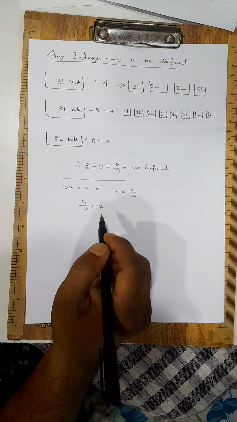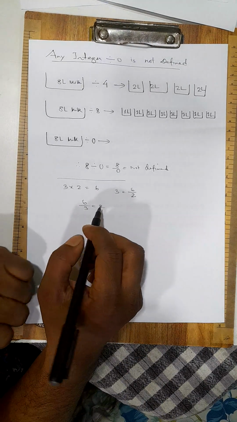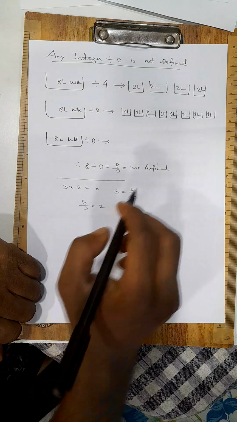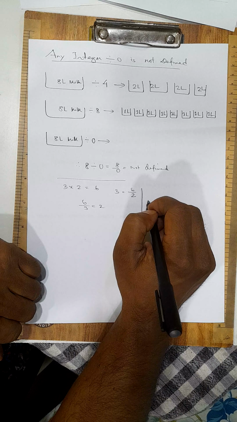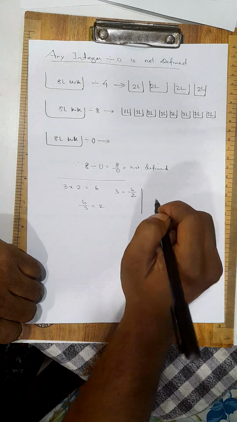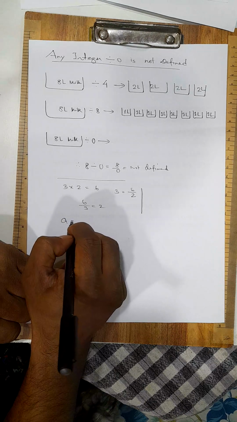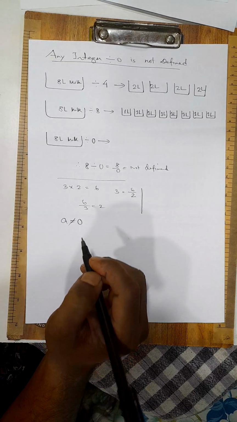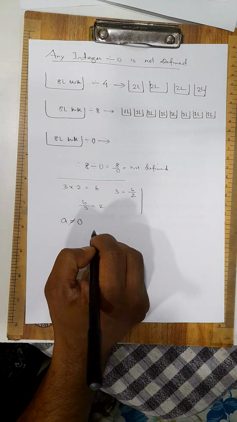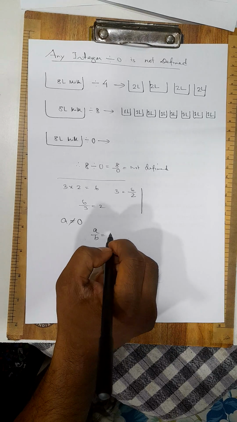That means against every multiplication there is a corresponding division. For every division there exists a corresponding multiplication. Right? Now suppose a is a non-zero integer. A is not equal to 0. Then we divide a by b.